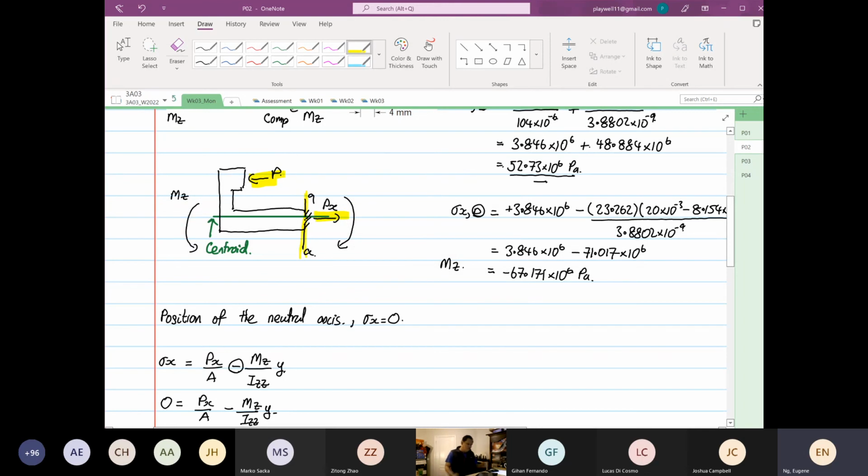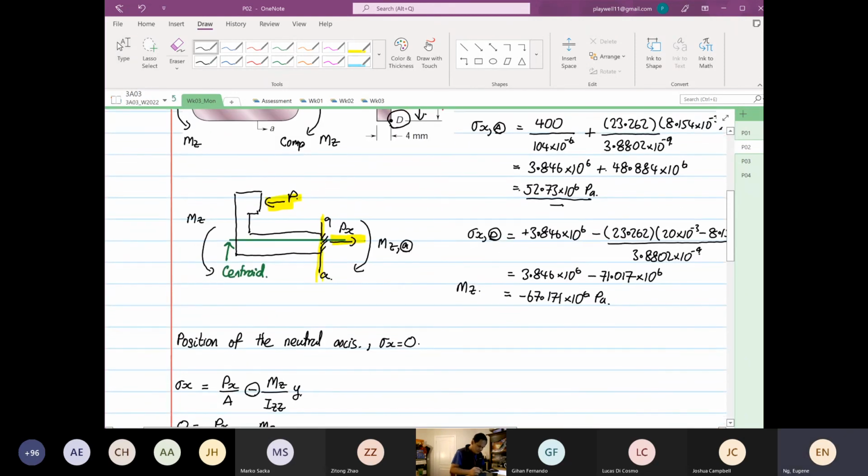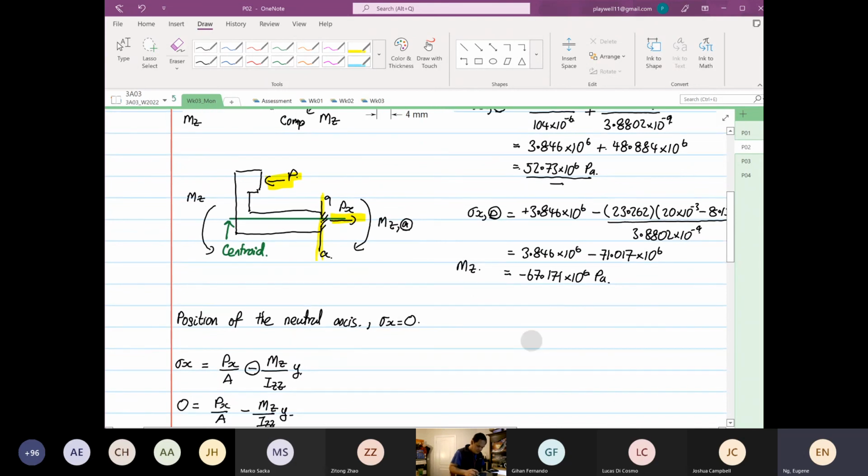Some of you will say, Eugene, which moment are we using? What direction is the moment? We have to take the moment at AA, which is over here. It's clockwise, so the moment will be negative.